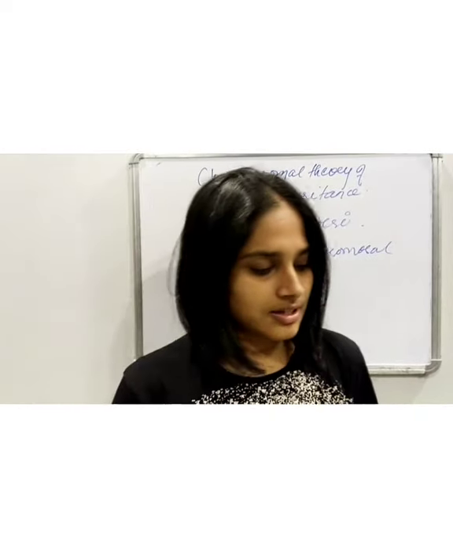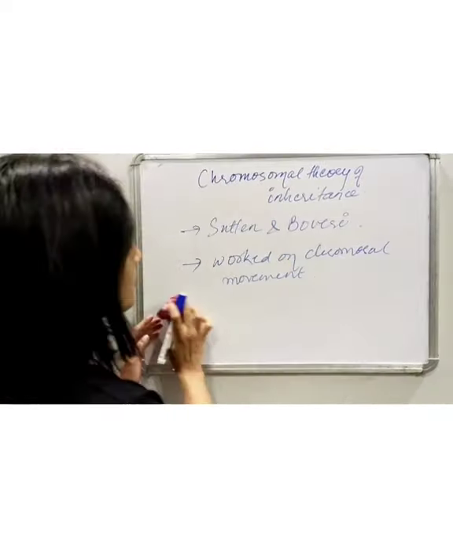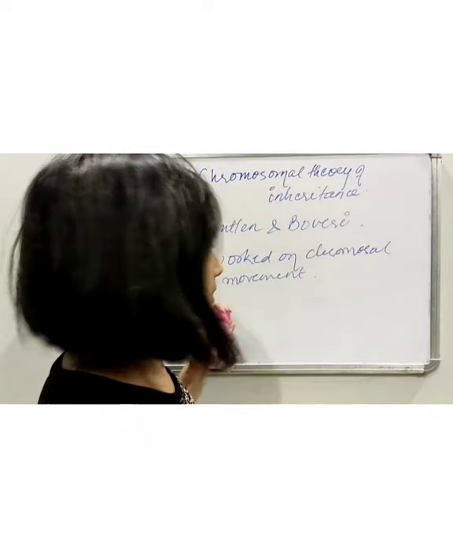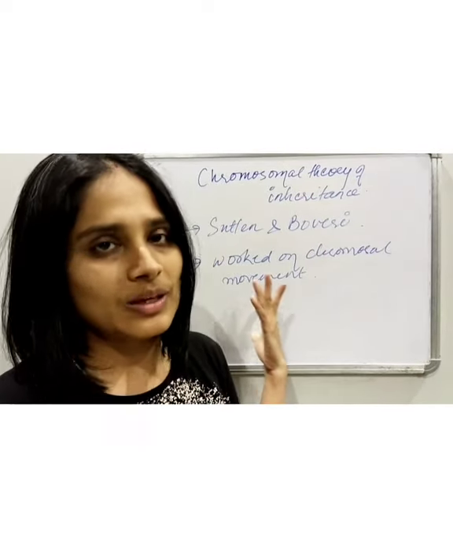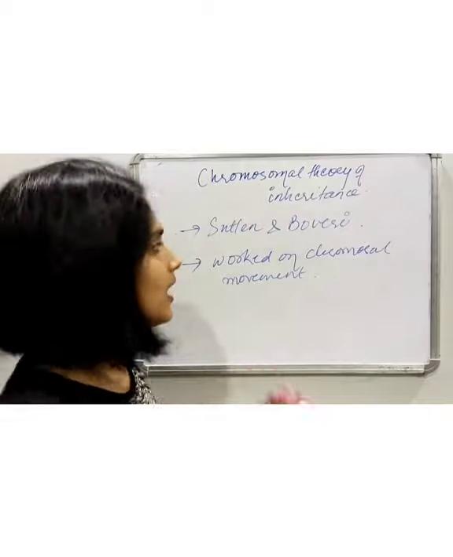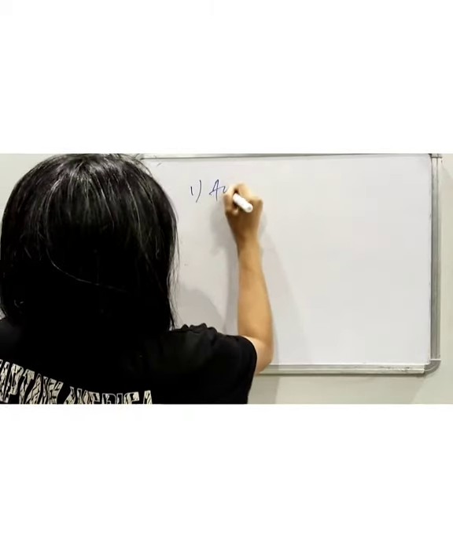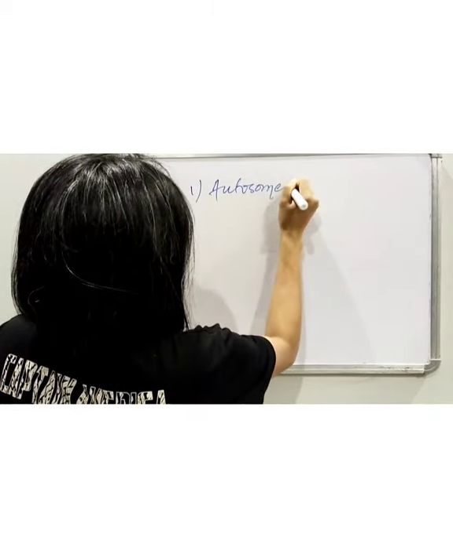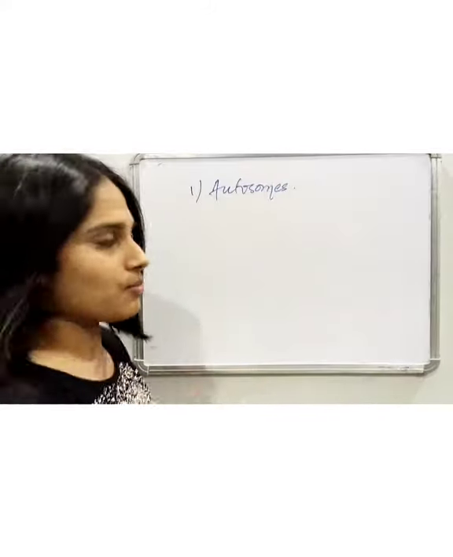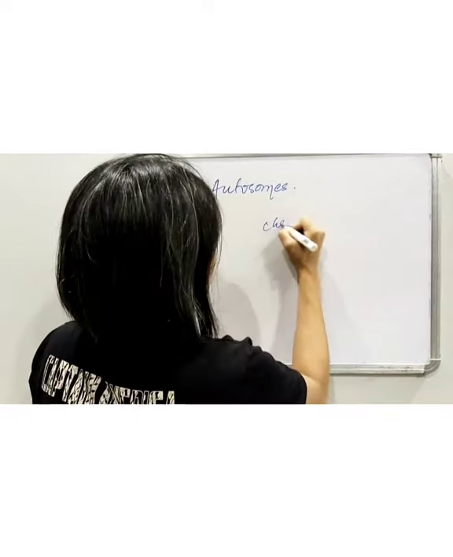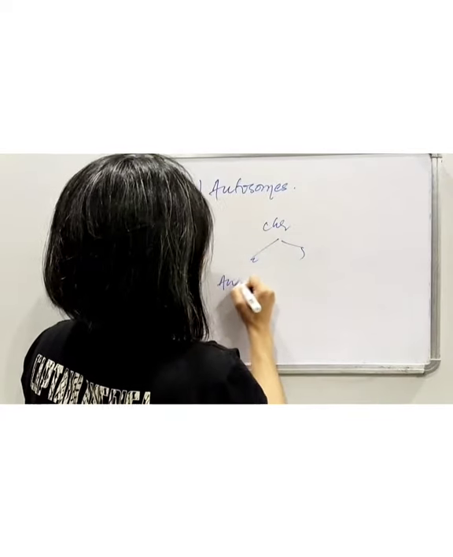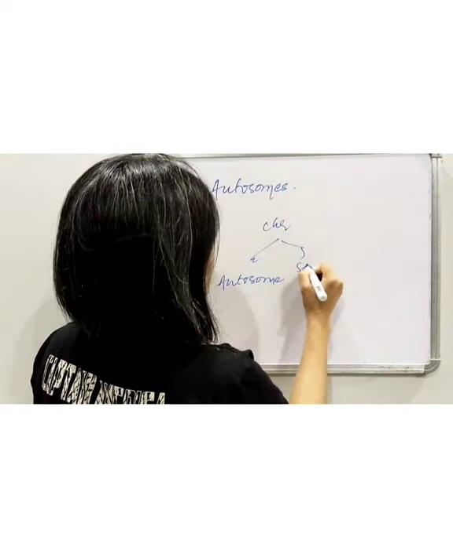Some of the important terminologies which we'll come across when we discuss this theory are, the first one, autosomes. So what are autosomes? Autosomes are any chromosomes other than sex chromosomes. Chromosomes are of two types: autosomes and sex chromosomes.